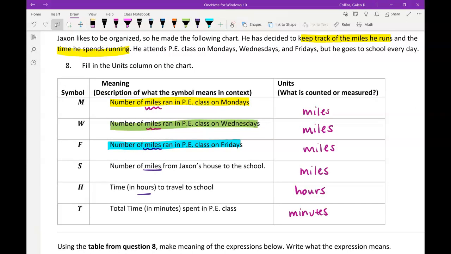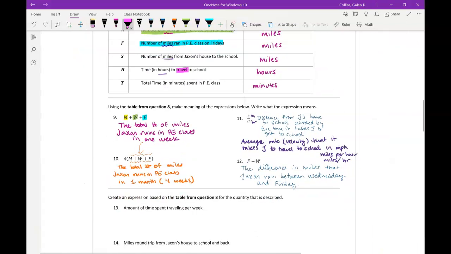So where I see the word travel more literally, although I suppose you could make a case for running, I mean, it is travel, I see that he is traveling to school. And so H represents the time in hours for him to travel to school.